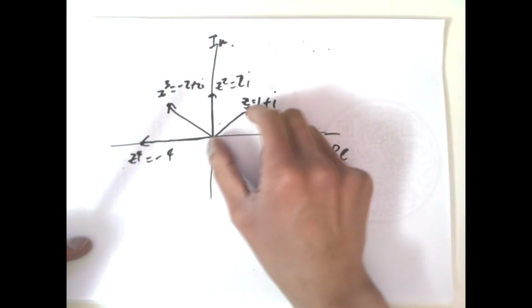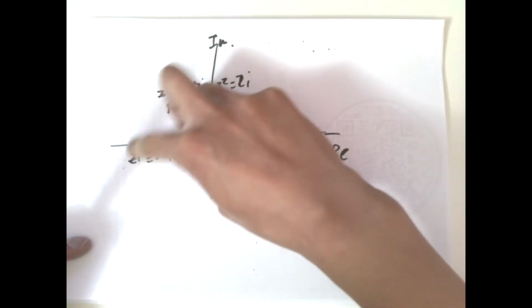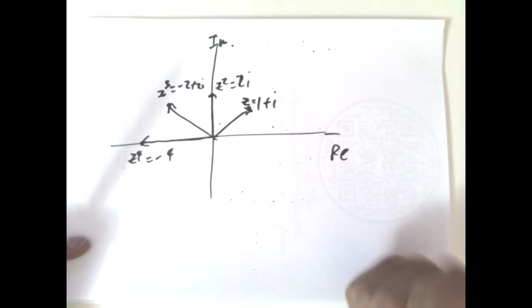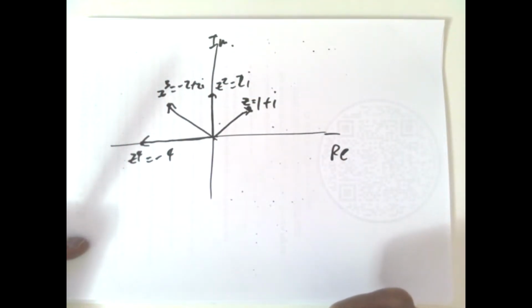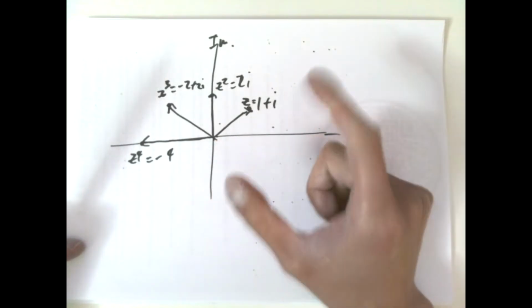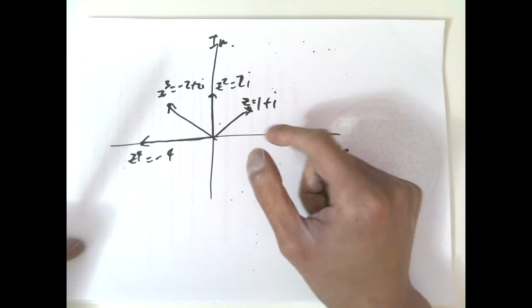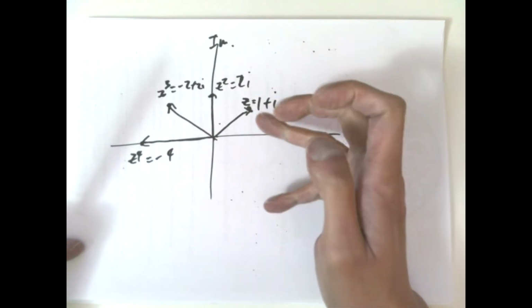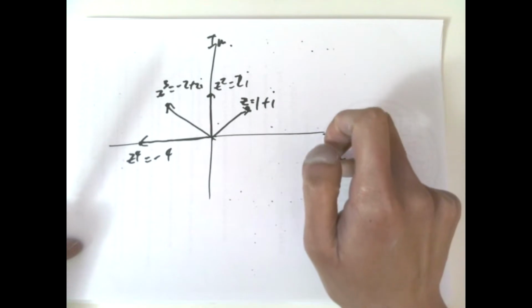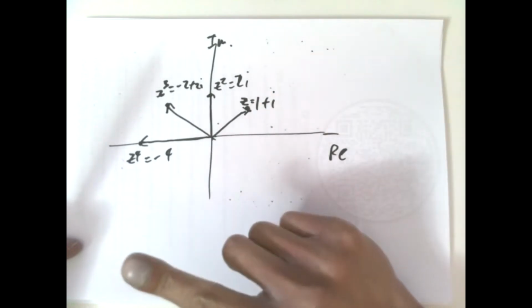Not only that, but we see an anti-clockwise rotation. So this gives a very geometric meaning to complex number multiplication, in the sense that whenever we multiply, the displacement vector gets longer, and the angle that the complex number makes with the real axis rotates anti-clockwise.